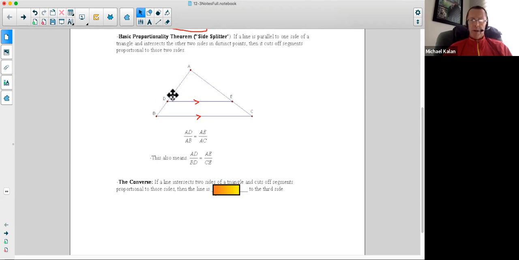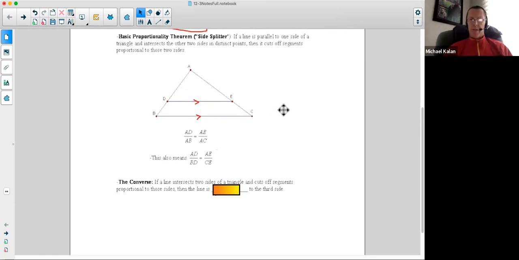Okay, so here we're saying DE is parallel to BC and obviously intersects AB and AC just in distinct points D and E. Okay, if that's the case, then that means that AD over AB would equal AE over AC. Okay, it also means that AD over BD would equal AE over CE.